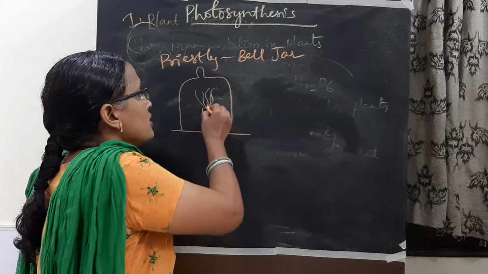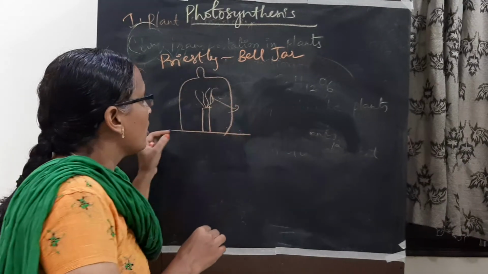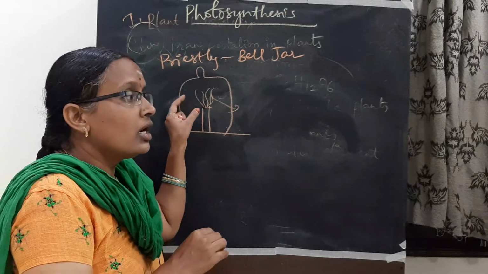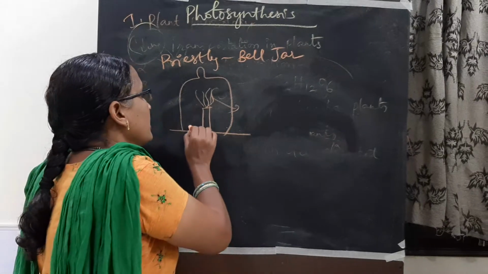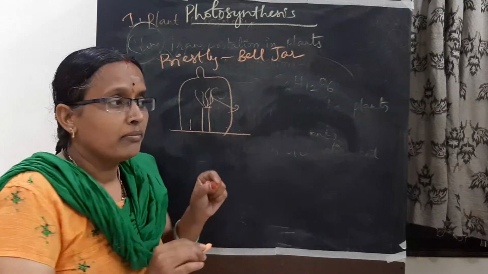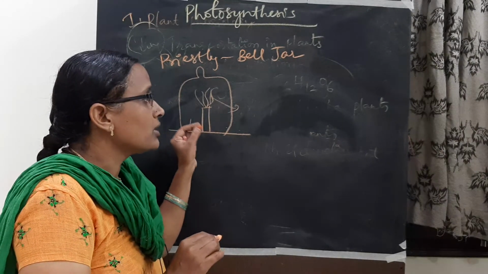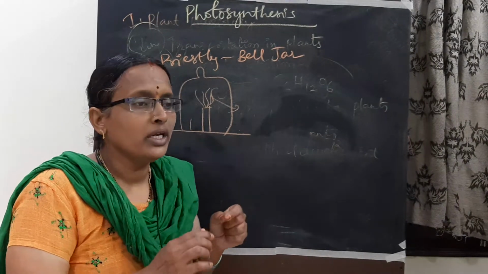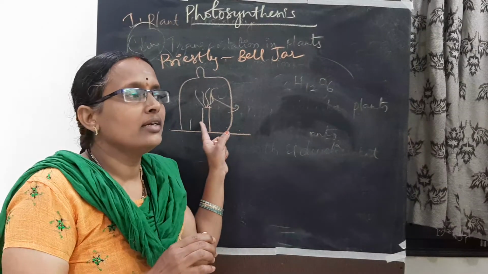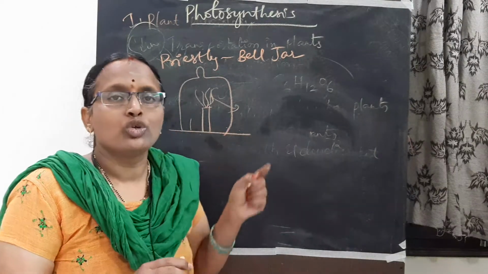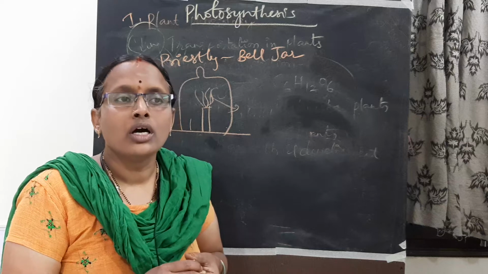After a few minutes it is going to be turned off due to lack of oxygen. Second, he placed a small live mouse. After a few minutes the mouse is going to be dead, and the candle is going to be turned off due to lack of oxygen.